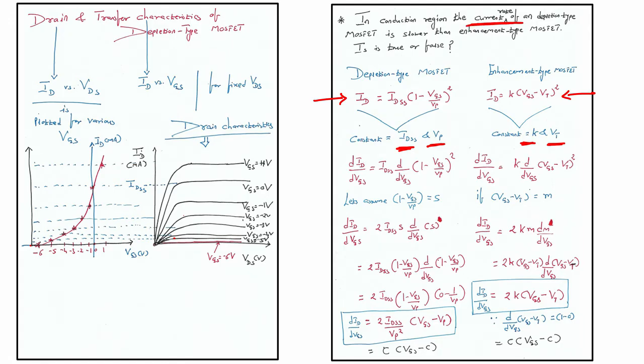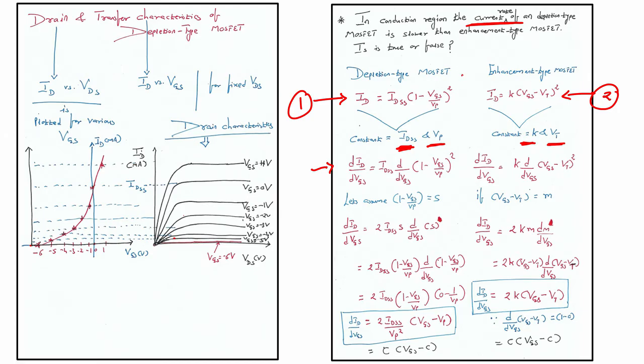So, this particular equation is equation 1, and let us say this other one is equation 2. We are deriving from 1. So, dID by dVGS equals IDSS, which is constant, times d by dVGS of (1 minus VGS by Vp) whole square.